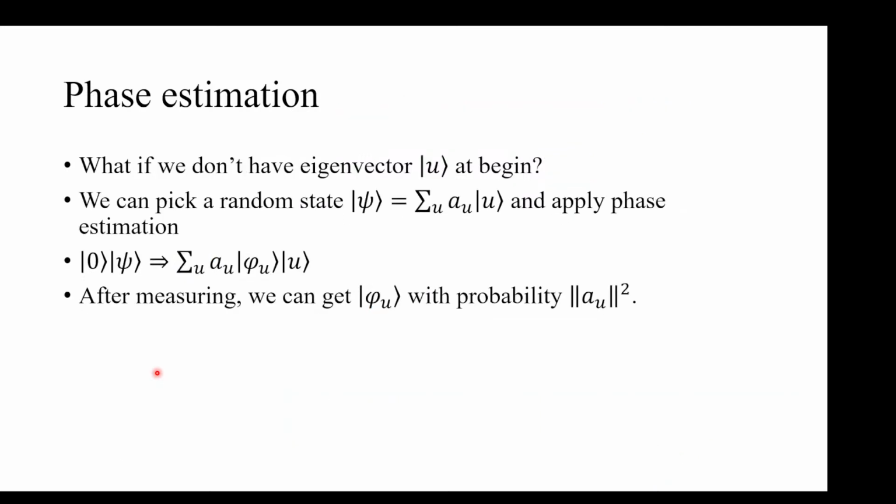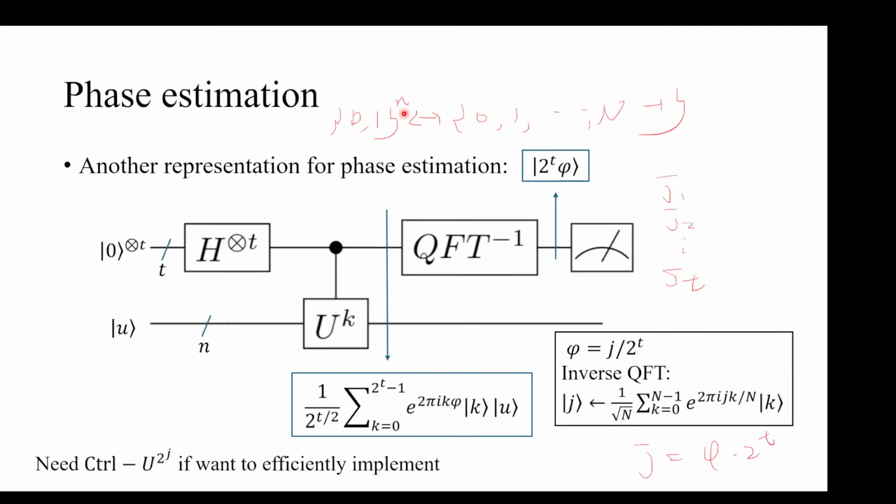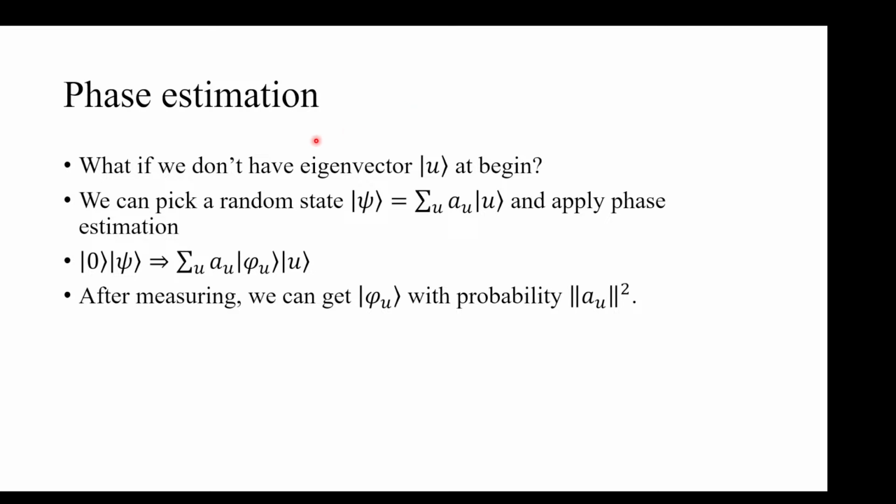Sometimes even if you don't have the eigenvector u, you can still estimate some phase of your unitary big U. That is, you can just pick a random state, equal to summation of a_u times u, where those small u are once again different eigenvectors of your big U. It's an orthonormal set, so you can express any vector as a linear combination of the eigenvectors of U.